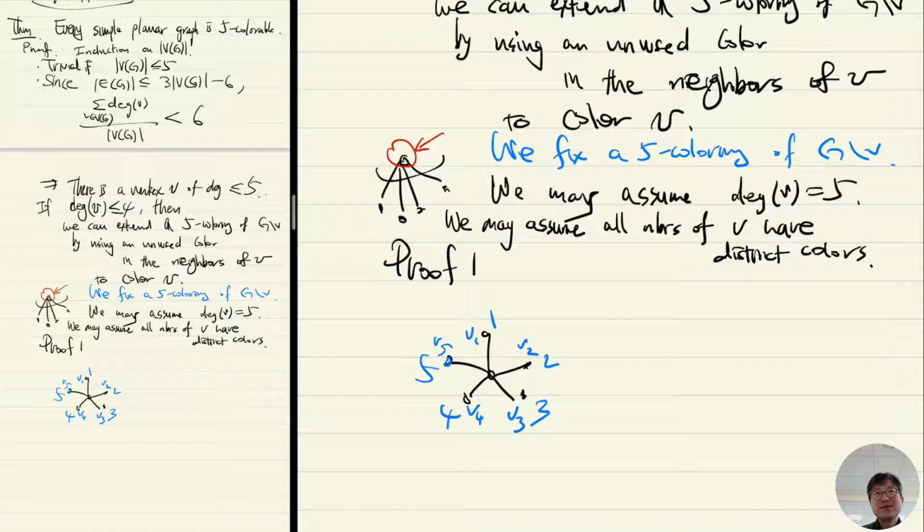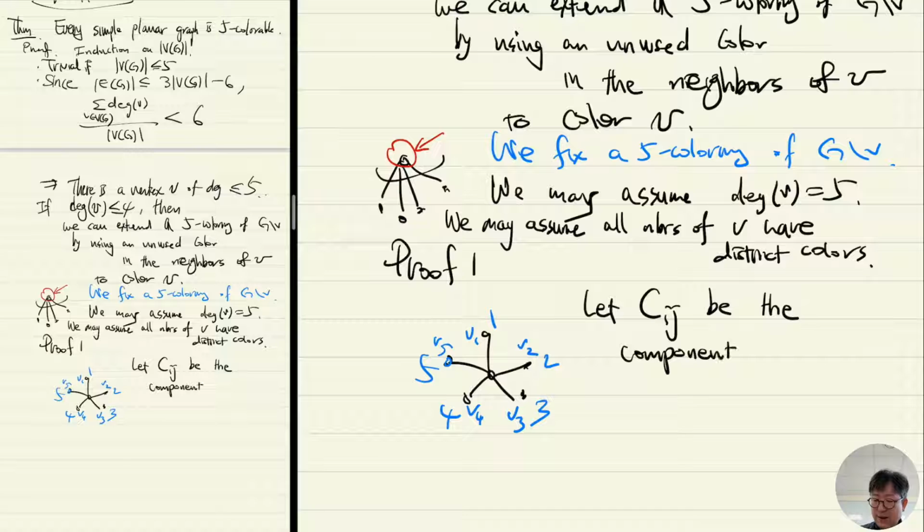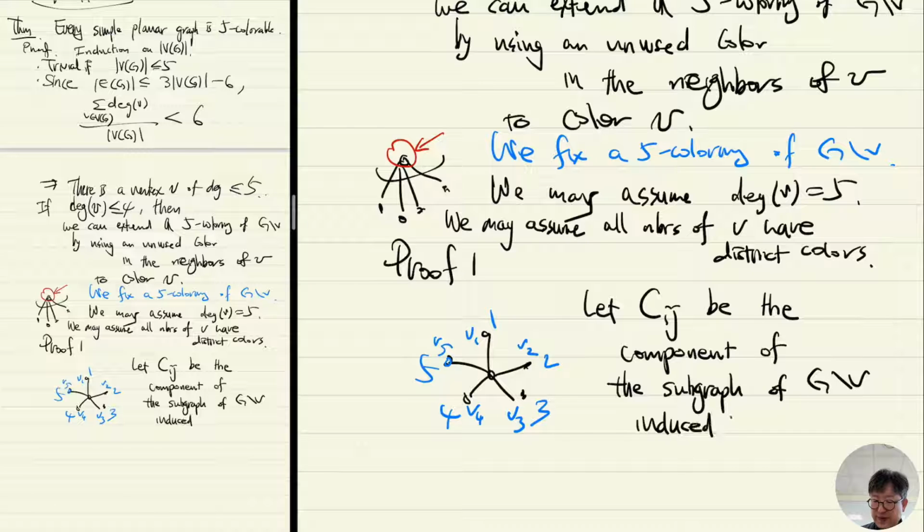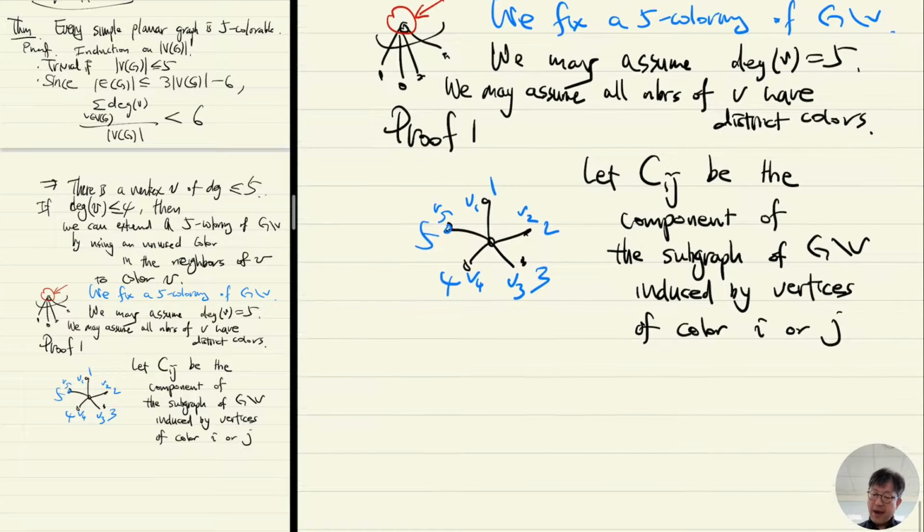So let's consider the following. Let Cij be the component of the subgraph of G delete V induced by vertices of color I or J and containing Vi.